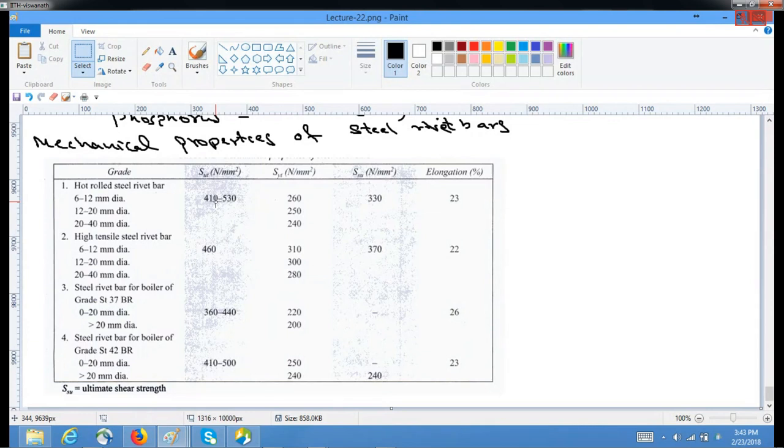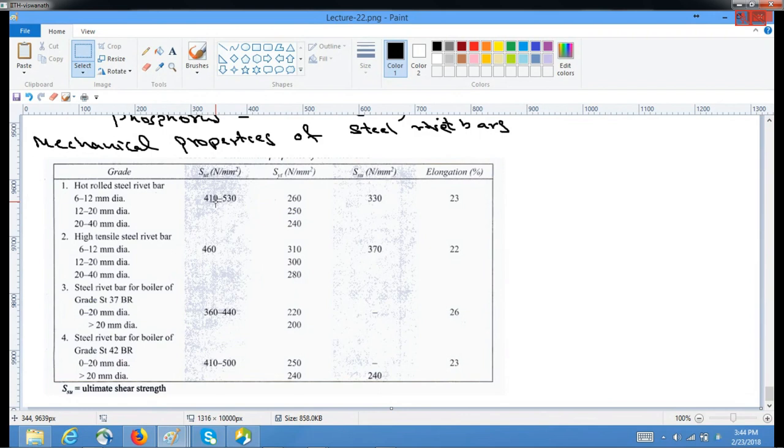Whereas steel rivet bars for boiler application is generally of the grade of 37BR, and its SUT varies between 360 to 440 Newton per mm square, and SYT is around 220 to 200 with the greater diameter.